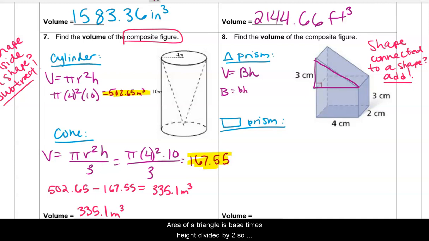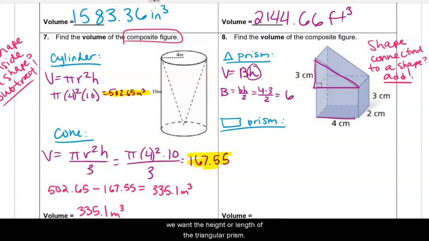Area of a triangle is base times height divided by 2. So what is the base of our triangle? 4. What is the height of our triangle? 3. 4 times 3 divided by 2 is 6.